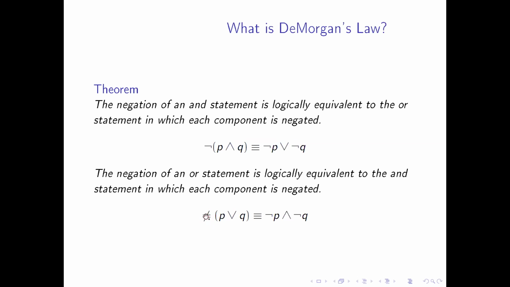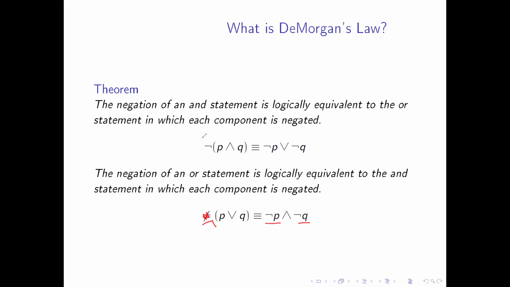This should be a not symbol. If I do negation of the or, so let me scribble that out and make that quick correction. Not (P or Q) is the same thing as not P and not Q. So De Morgan's law tells us specifically what happens if I negate outside.